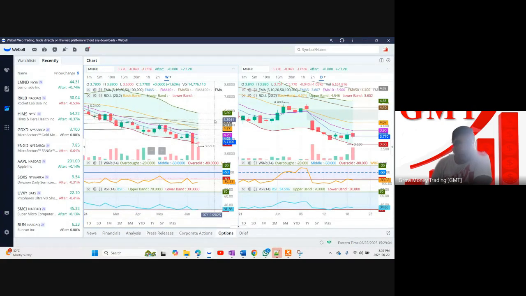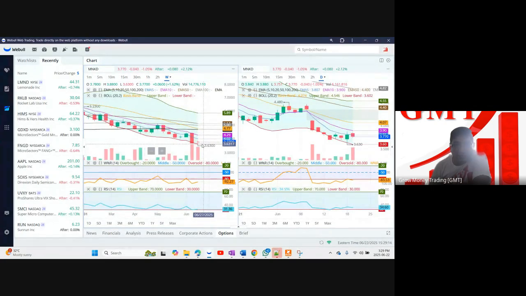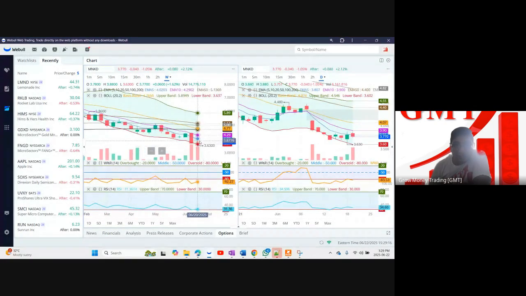Okay, so for Mankind on a weekly chart, we see it had touched the lower Bollinger Band, and there are buyers coming in as it was in the oversold region, both in the Williams %R and CCI.